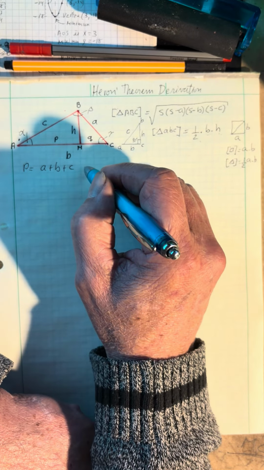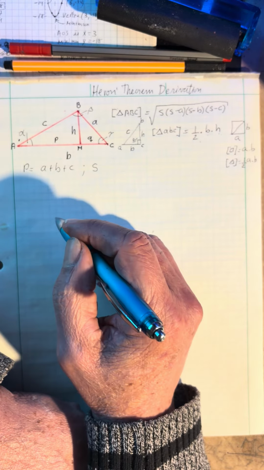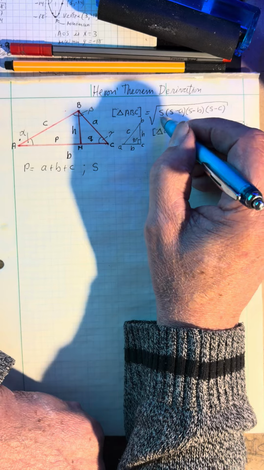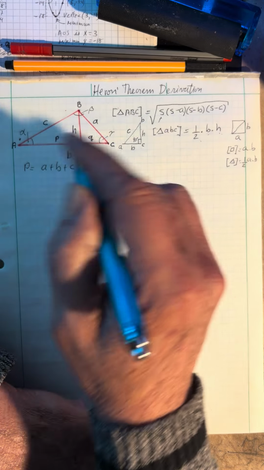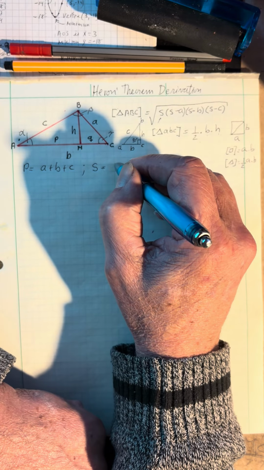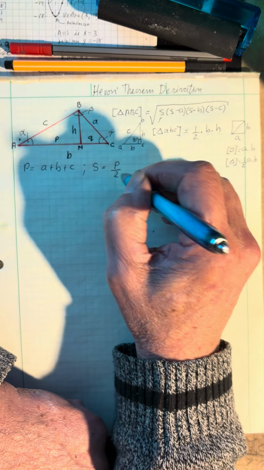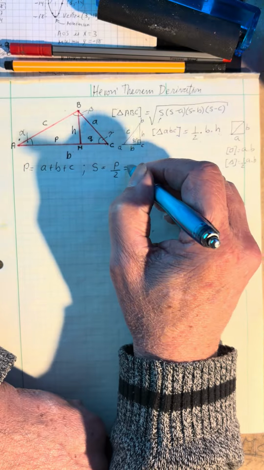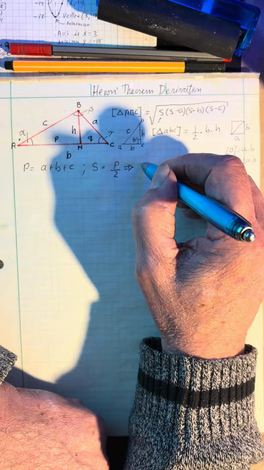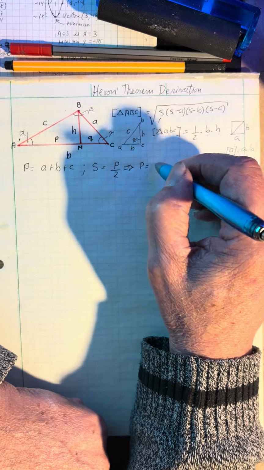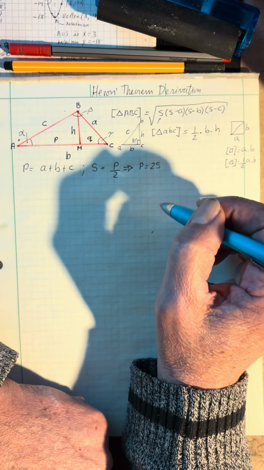But there's another thing called the semiperimeter, that S there, which is equal to half of P, P divided by 2. This implies that P is equal to 2S.